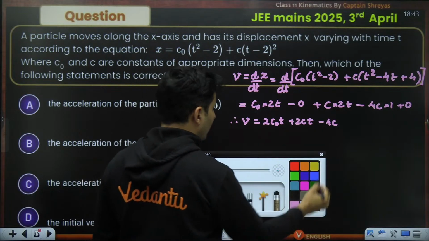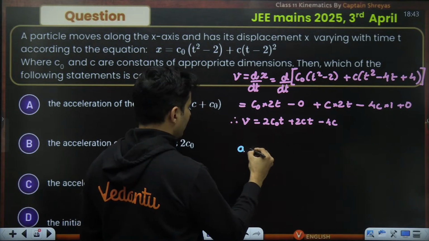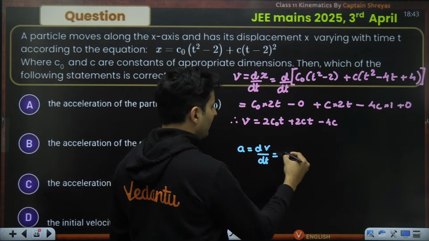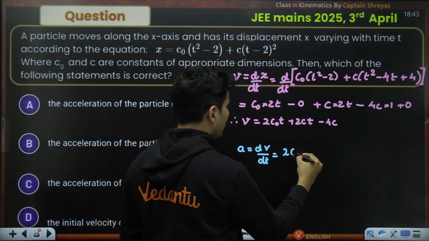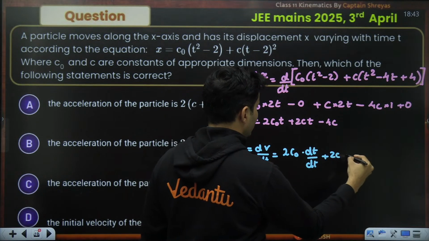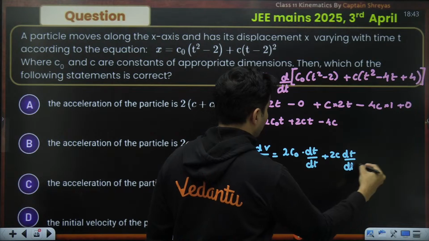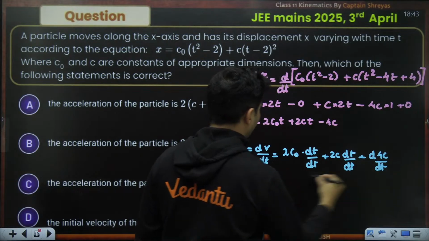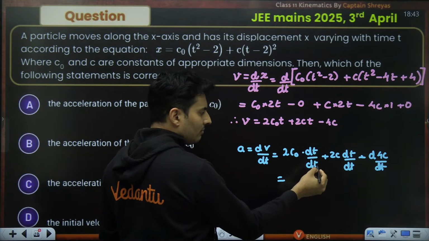Now let's try to figure out acceleration. Acceleration will be the derivative of the velocity. So derivative of this means 2 c naught into derivative of time plus 2c into derivative of time minus derivative of 4c with respect to time. Derivative of time with time is 1.